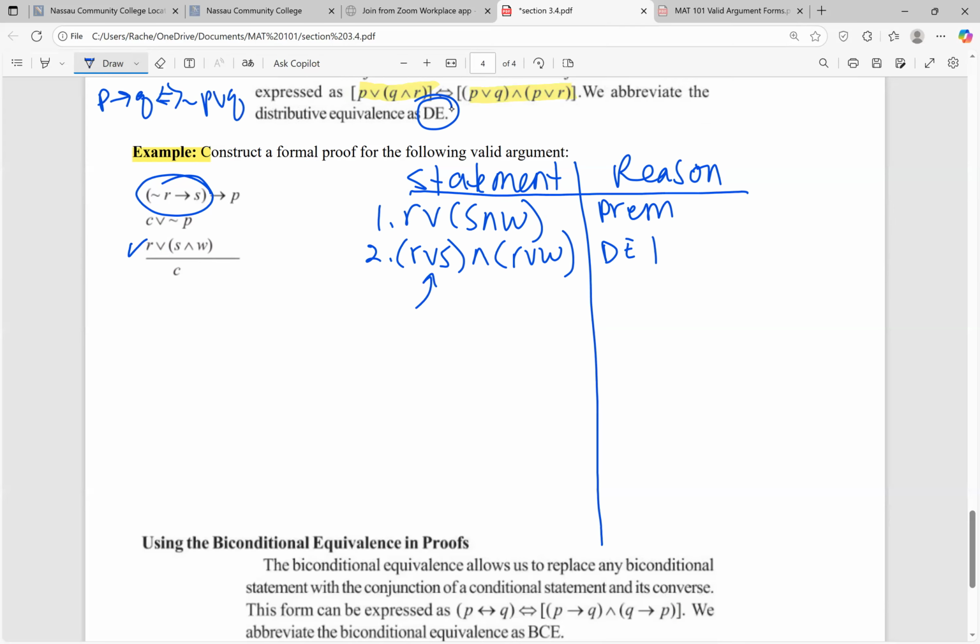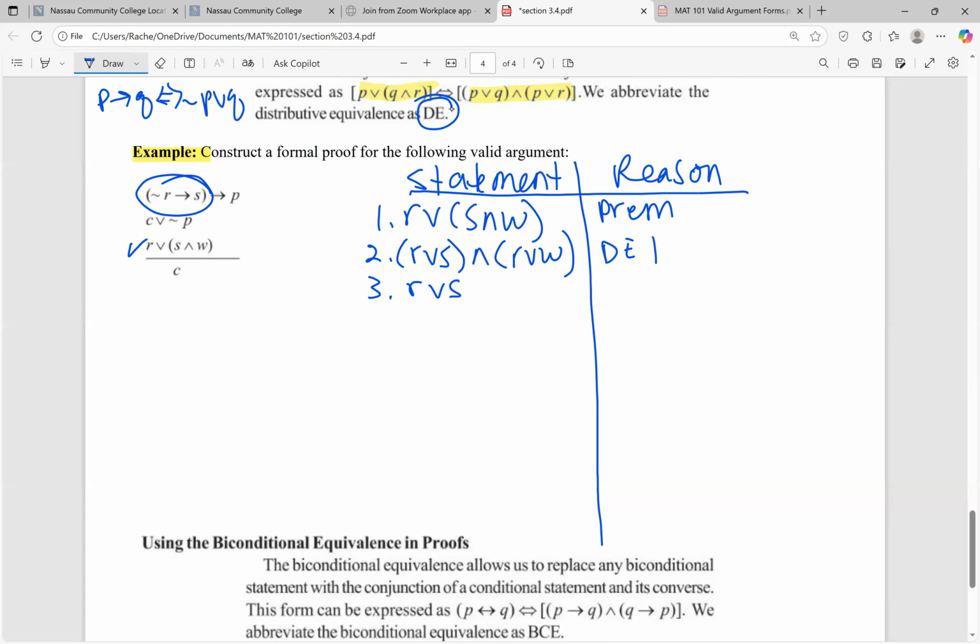So R or S is going to be my third statement, right? Because it's part of this conjunction here. So I know the left-hand side is true and the right-hand side is true.